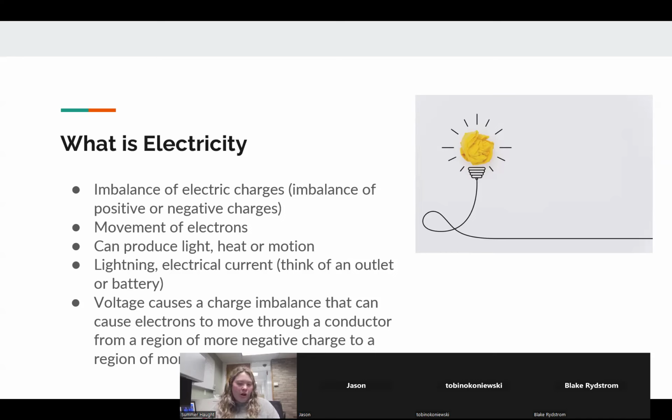Because the electrons are negative and they want to move to an area of positive, because opposite signs attract, right? So voltage, what we learned last course, is the force that pushes and pulls those electrons. And that's because it creates this imbalance of charges. So those electrons want to reach a more neutral state.